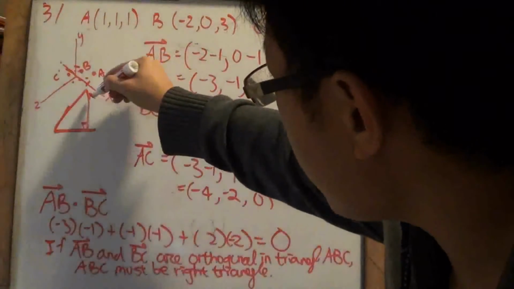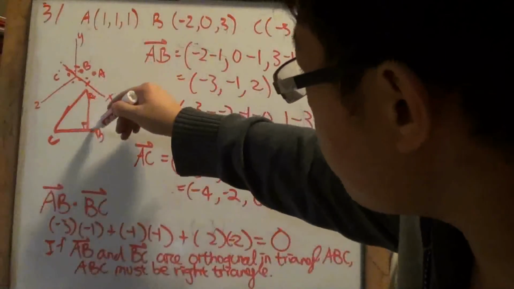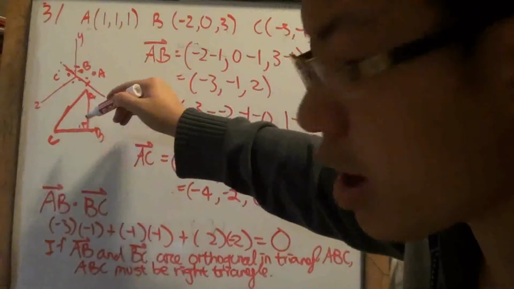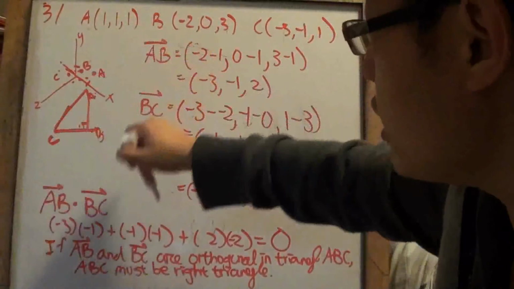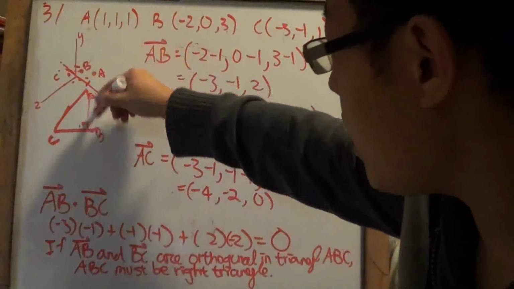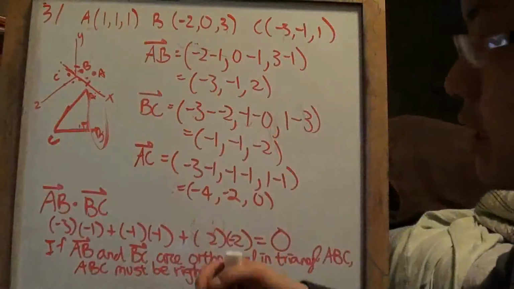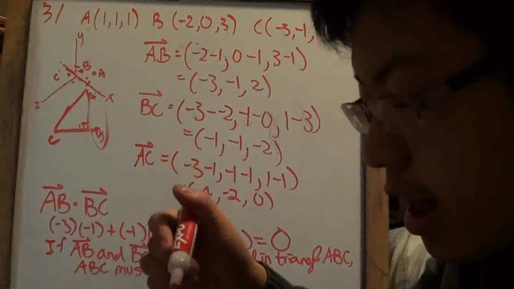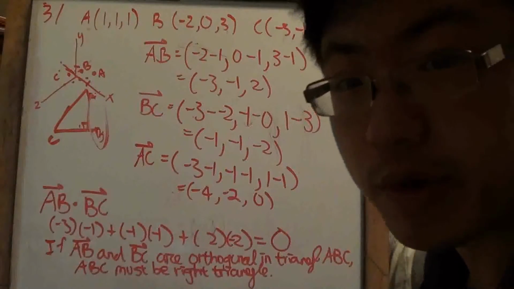So let's say this was A, B, and C, for example. Either A, B and B, C, or A, C and C, B has to be orthogonal. Now in this case, I put A, B, C here, but it really doesn't matter. If any two of the possible vectors have an orthogonal relationship, then we know it's a right triangle.